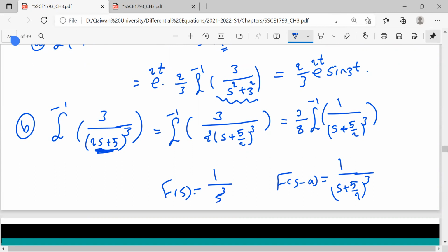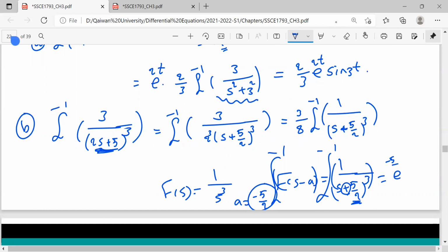And also we have a. A here is minus 5 over 2. So the Laplace inverse of this equals e to the power a, here minus 5 over 2, times t, times Laplace inverse of 1 over s cubed.